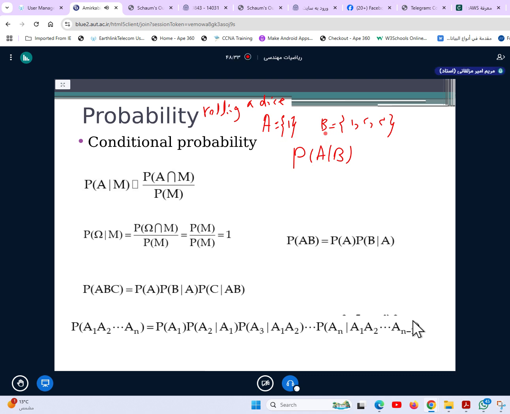I repeat, if we know that B has happened, what's the probability of A? This is the meaning of the probability of A given B, or the probability of A conditioned on B.